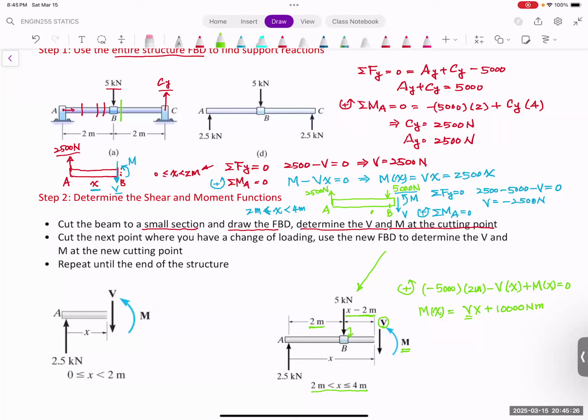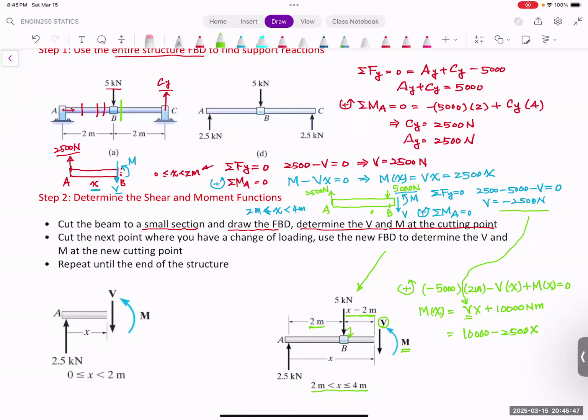Now, what is V? Well, V is this one here. So we're going to put the V value here. That will be our M.